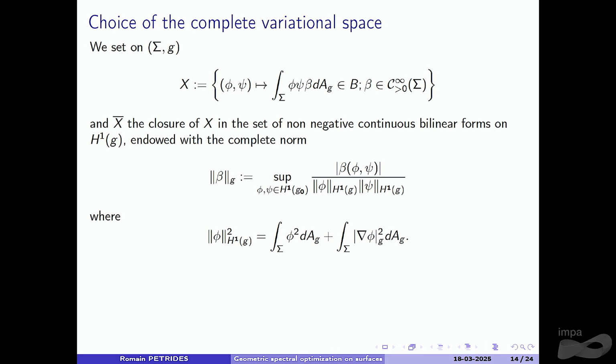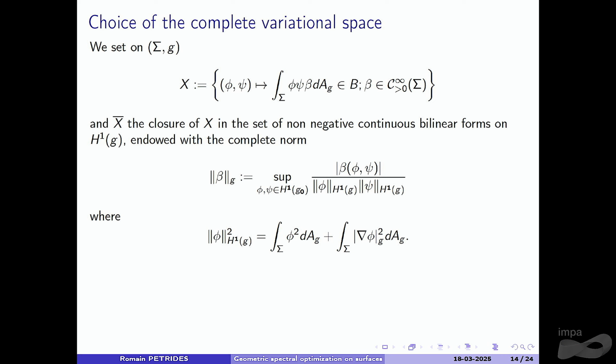You take, in fact, the set of bilinear forms such that the function beta is smooth here, and you take the closure of this with respect to the norm of the bilinear form on H1. So X is the set of bilinear forms over H1 which are smooth in some sense. And you would like to have a complete space, so you take the closure.